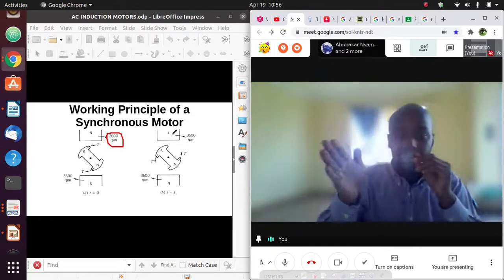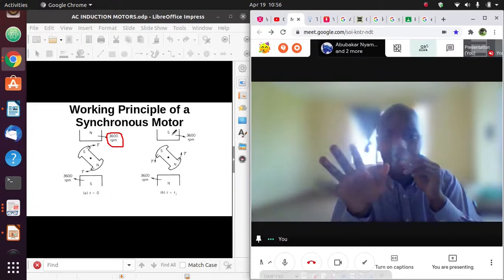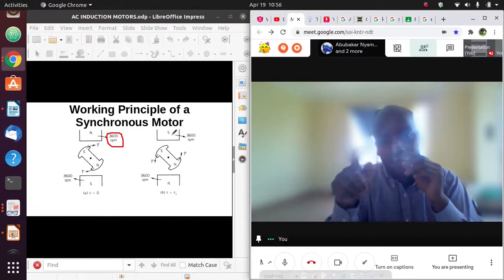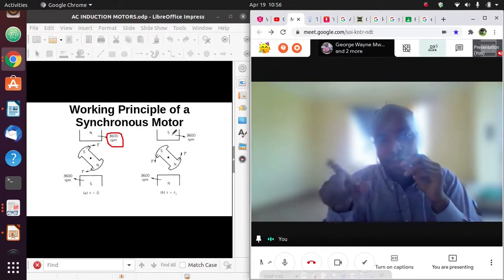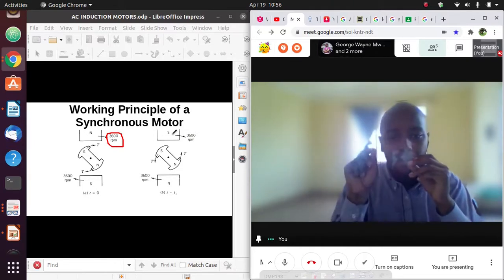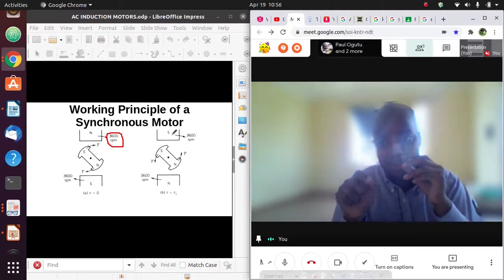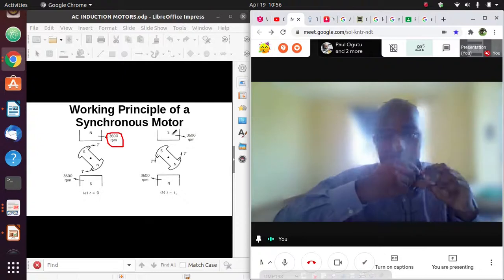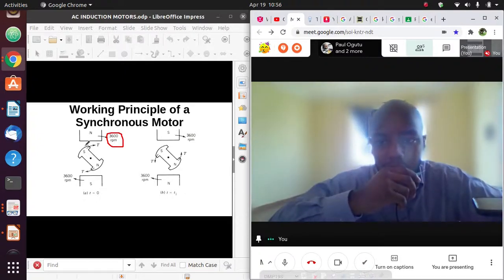Now, as I was saying, the rotor will be pulsating there, because the synchronous speed of the magnetic field generated by the stator will be too fast for the rotor. So the rotor will be attracted by the magnetic field of the stator.